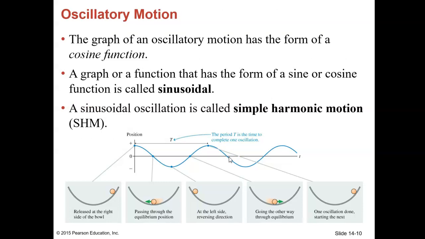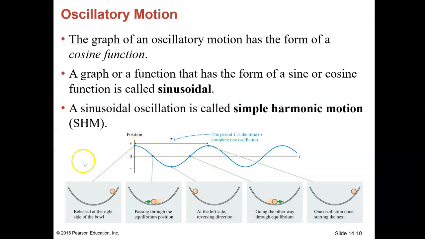The graph of an oscillating motion, if you're looking at position like this one, is a cosine function. And if we were to graph it, it would make a sinusoidal function. This whole sinusoidal function shows what's called simple harmonic motion. We look at the position versus time graph of this object, and it makes a sinusoidal curve.